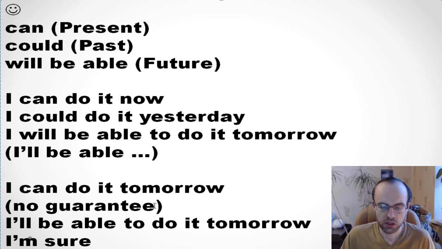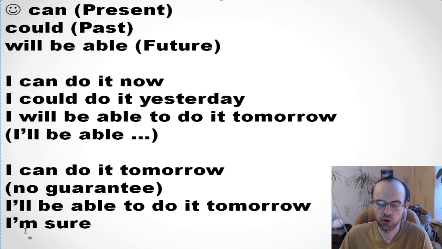So maybe I'll do it, maybe I will not do it, or I won't do it, we don't know. So it's possible, but no guarantee. If you say, I'll be able to do it tomorrow, it means that I'm sure. So if you're sure, you use I'll be able to do it tomorrow.